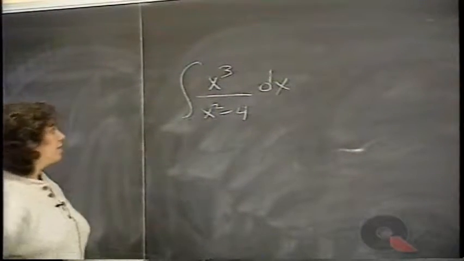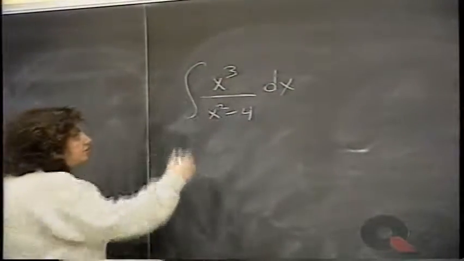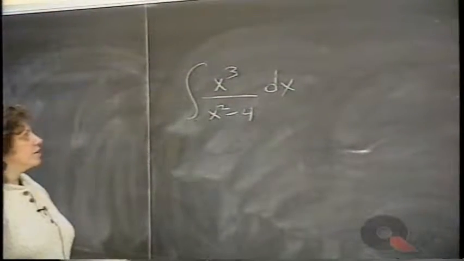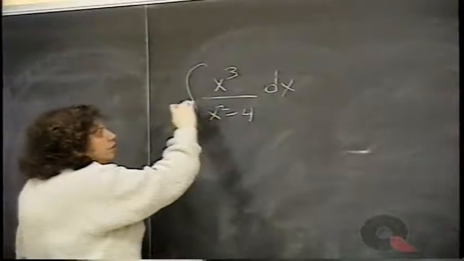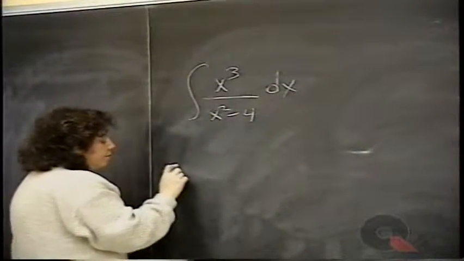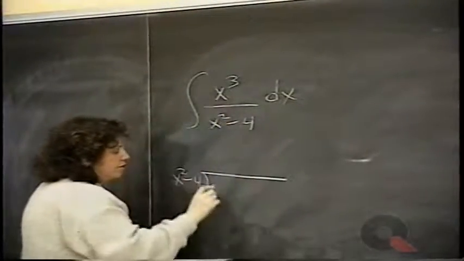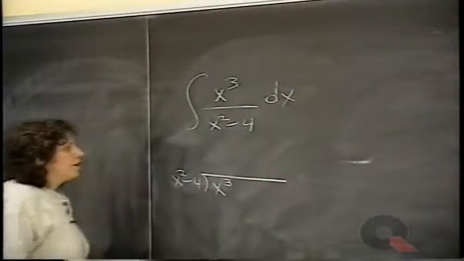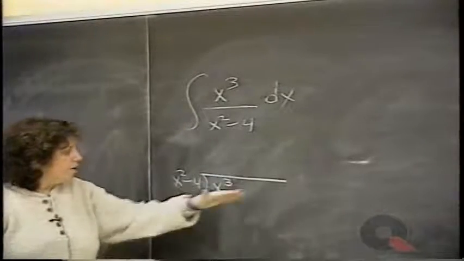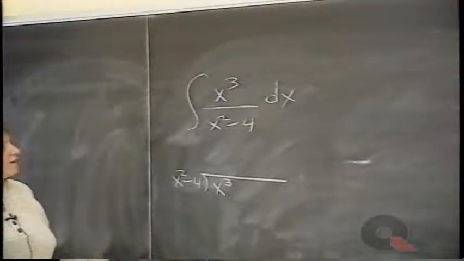You should divide. Okay, and here we have this situation. The numerator does not have degree less than the denominator. Now, x cubed divided by x squared minus 4 means x squared minus 4 goes into x cubed. Okay? X cubed divided by x squared minus 4, exactly what it says.